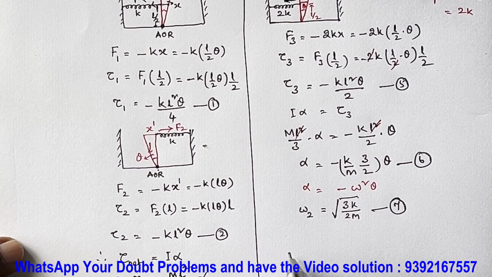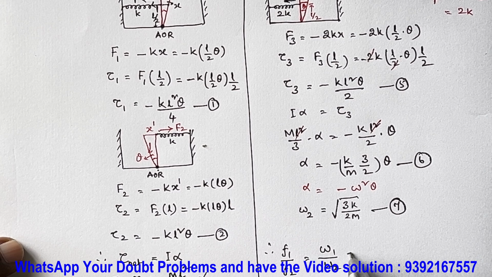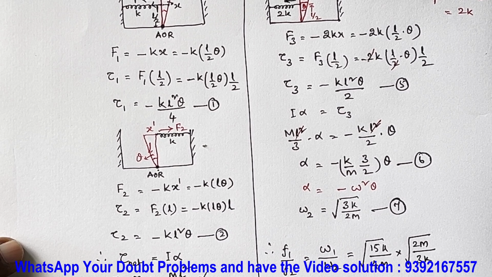What we have been asked is to find f1 by f2, which is equal to omega 1 by omega 2. Omega 1 is how much? Root of 15k by 4m, into, this is reciprocal I have to take, 2m by 3k. So here k cancels, 3 ones, 3 fives.